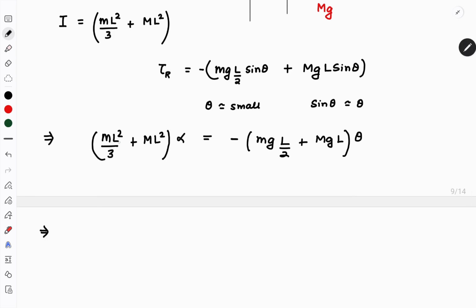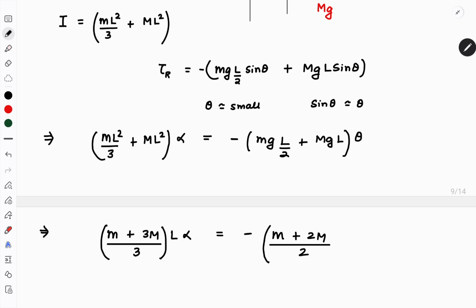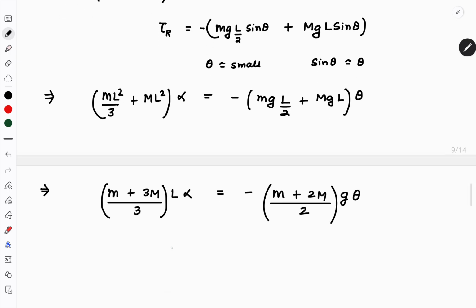Over here we can chop out all the L. So we are left with small m plus 3 capital M by 3, into L and alpha, which is equal to minus of small m plus 2 capital M by 2, into g times theta.